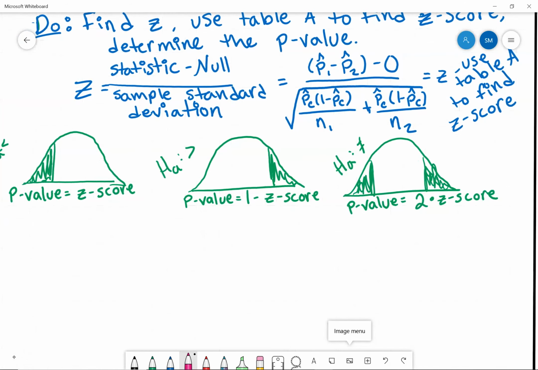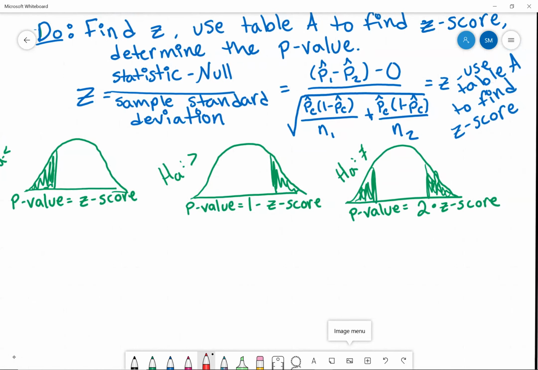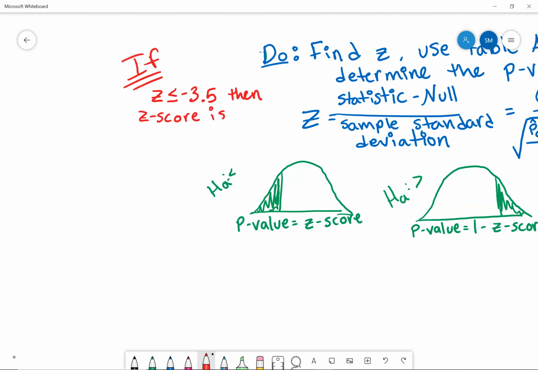And last but not least, another side note: if z is a number that is less than or equal to negative 3.5, so if you do this equation for z and you get a number that is less than or equal to negative 3.5, then the z-score is 0.